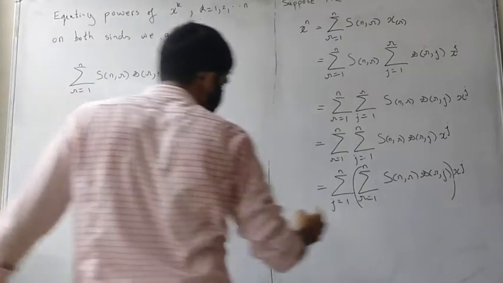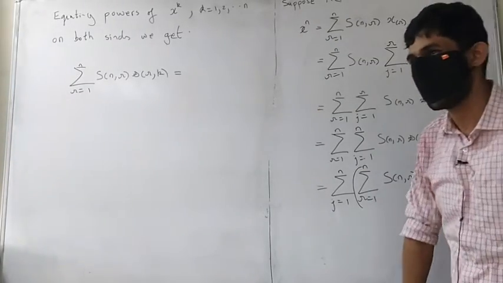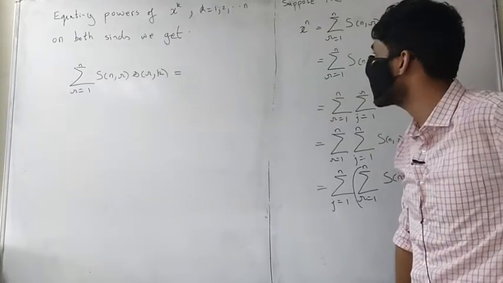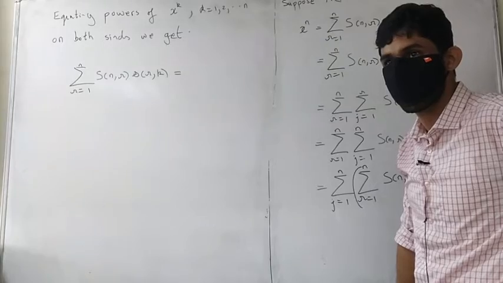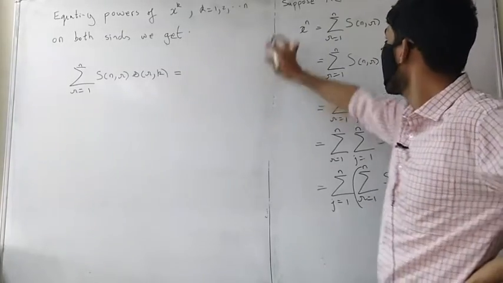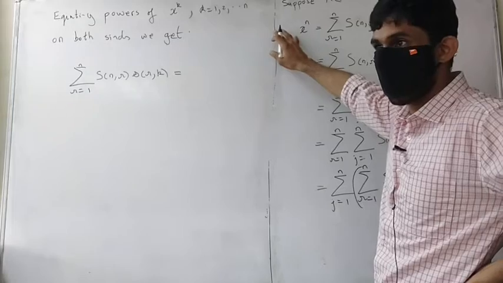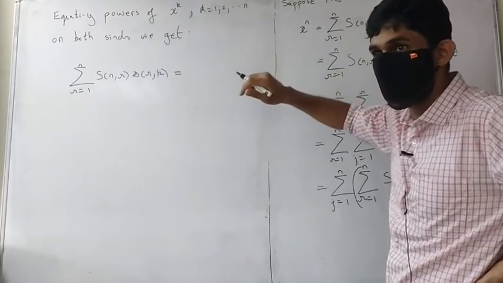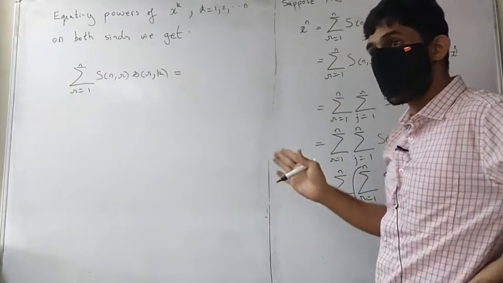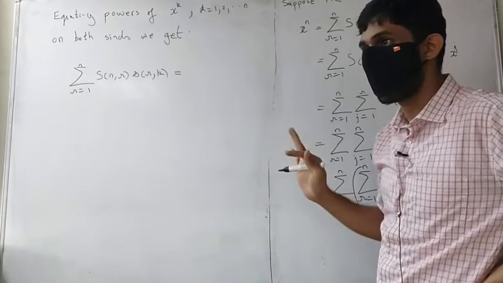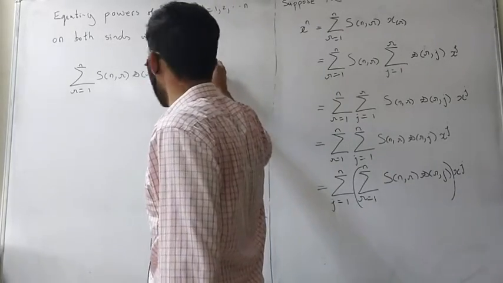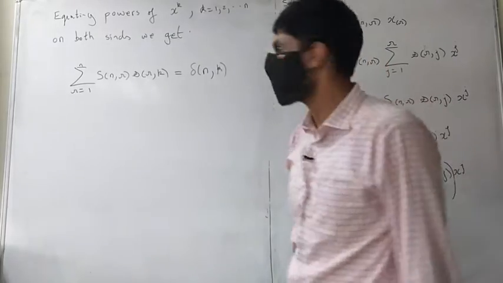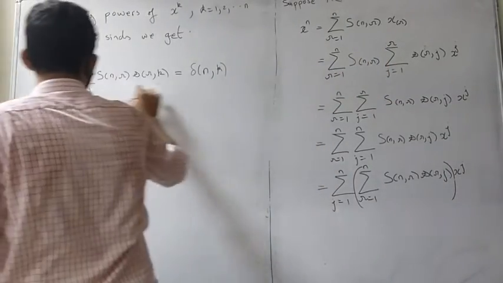And what is it on the left hand side? What's the coefficient of x raised to k? If k is n, it is 1, and if k is strictly less than n, 0, right, which is exactly delta nk.